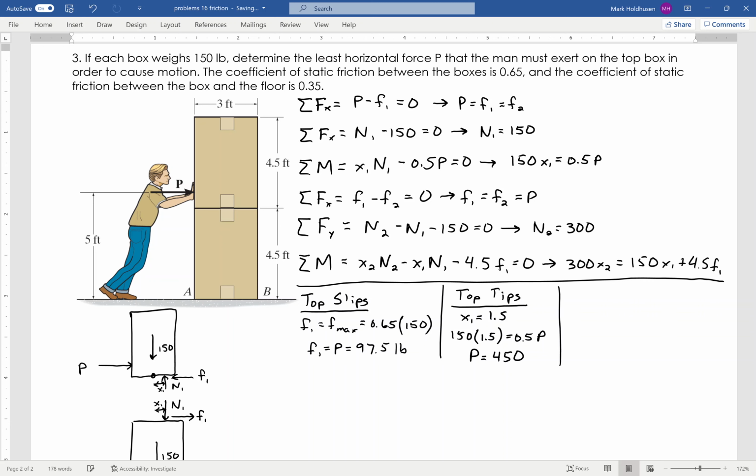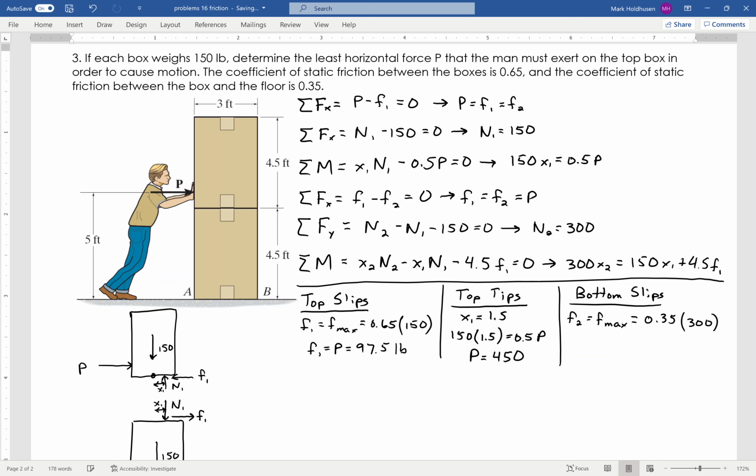Now let's move our attention to the bottom. Let's say the bottom slips. If the bottom slips, then F2 is going to be at its maximum, which is 0.35, the mu s of that, times its N2, which we've determined is 300.